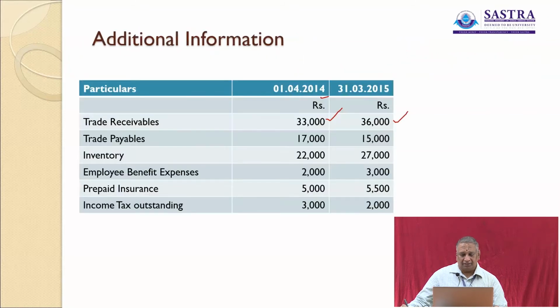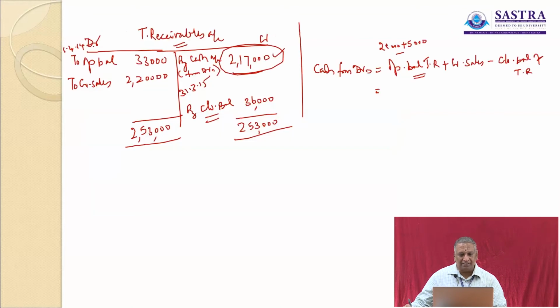Here in this question, no split is given. It is simply given as 33,000 as receivables. I am just taking it as the opening balance. Along with that, I am adding rupees 2,20,000 minus 36,000. The amount will be rupees 2,17,000.